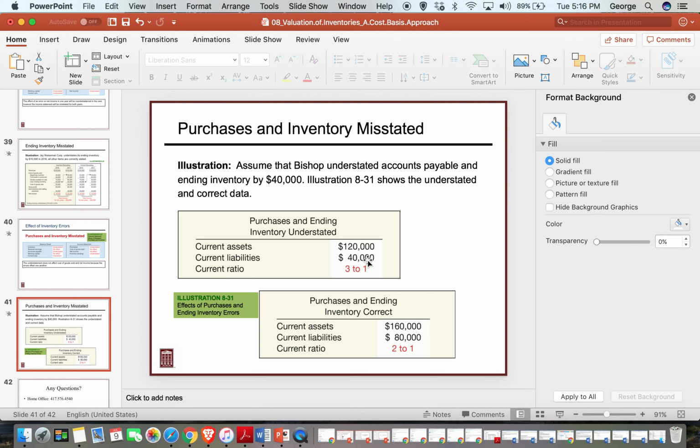We have 3 times as much current assets as current liabilities if inventory is understated. If we corrected it, though, notice that the current ratio is only 2. So these ratios, which are sometimes used for measuring performance, might be out of whack, and we want to be very careful with how we use that information.